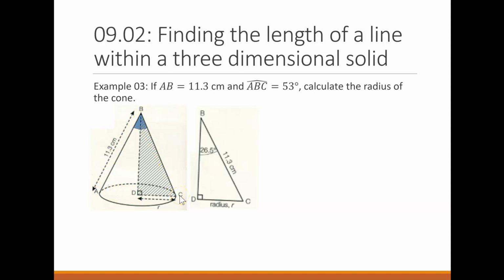That's the reason that the height of the triangle bisects this angle, and it'll also bisect this side length. Everybody's okay with that? If this was not an isosceles triangle, the height of the triangle isn't going to bisect the angle. Have to have the isosceles piece there for that to be true.